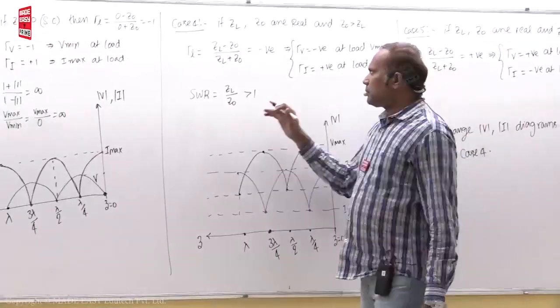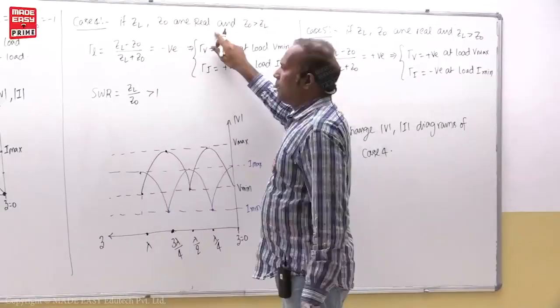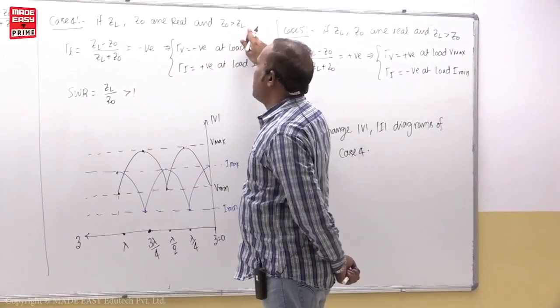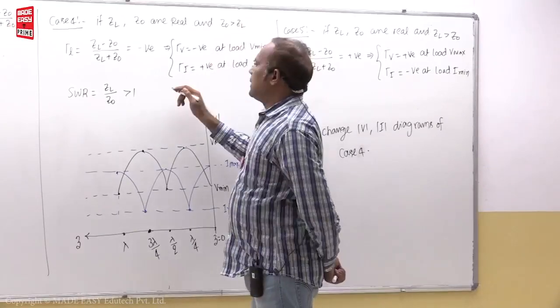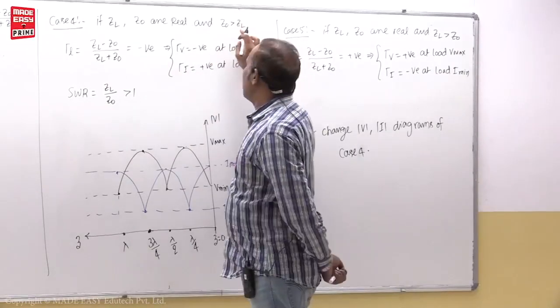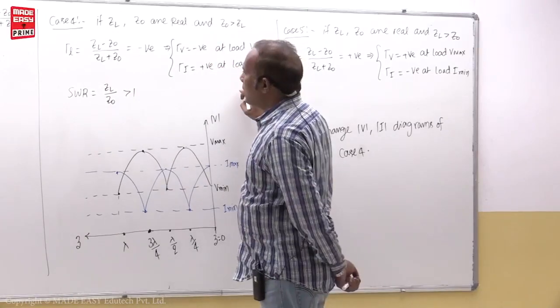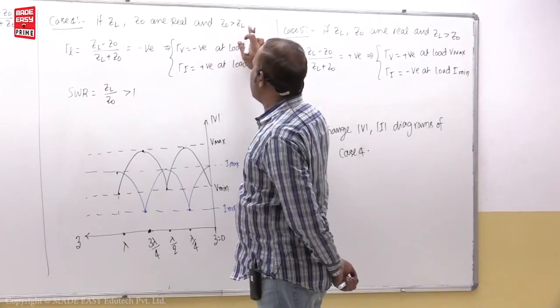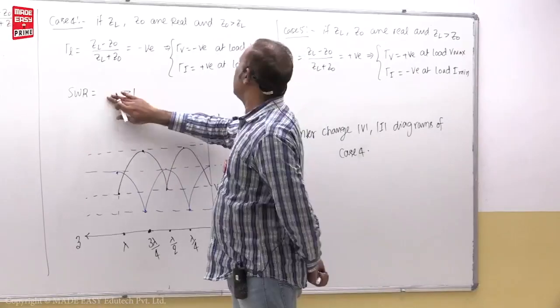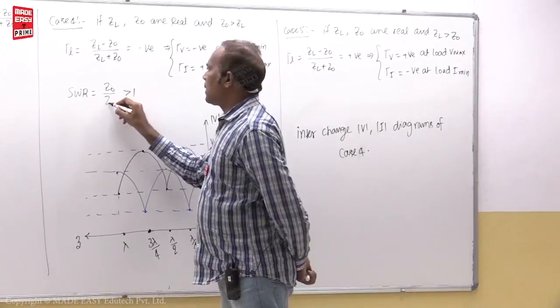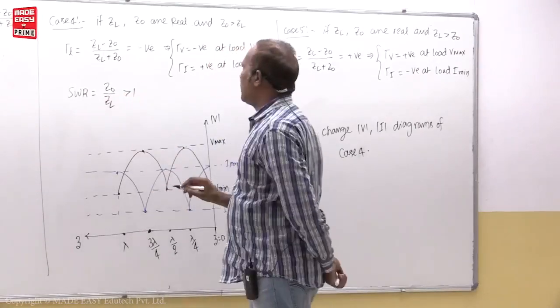Anyway, here if ZL and Z0 are real and Z0 is greater than ZL, in this case SWR, we have already seen, is bigger one by smaller one, that is always greater than 1.